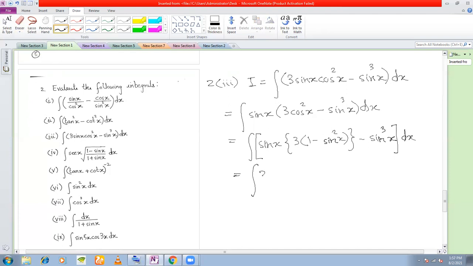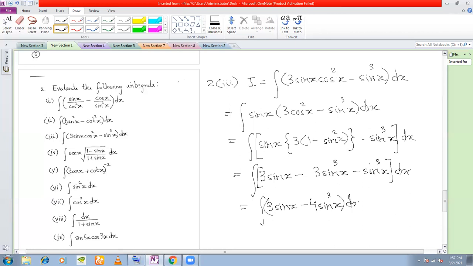Now you multiply, you get 3 sine x minus 3 sine cube x minus sine cube x dx. So this is integral 3 sine x minus 4 sine cube x dx.